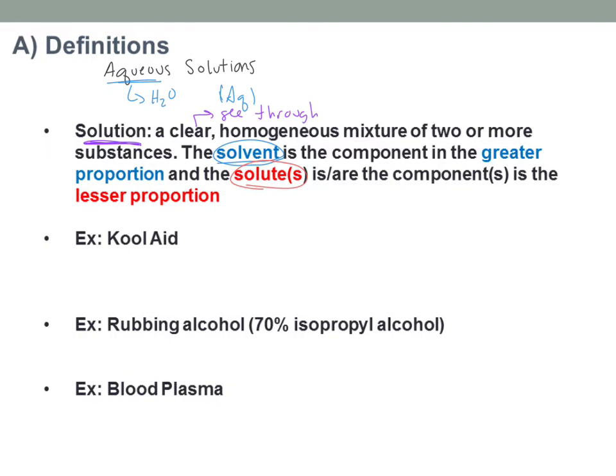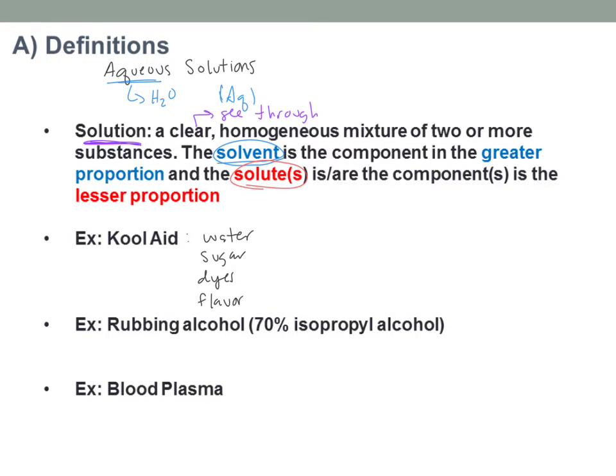So let's take a look at something that we're familiar with, something like Kool-Aid here. If I look at Kool-Aid or Country Time lemonade or whatever, if you make Kool-Aid, right, we're going to have water. You mix water together, and then we all know that Kool-Aid has a bunch of sugar in it, and it's got a bunch of dyes and maybe flavors and some salt and all kinds of things like that.